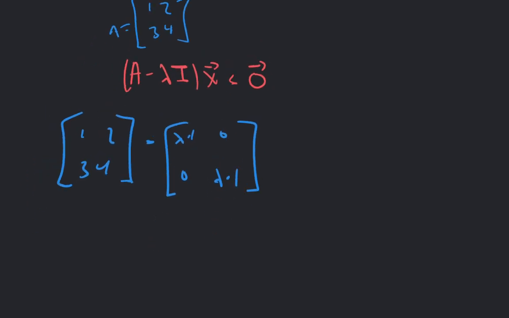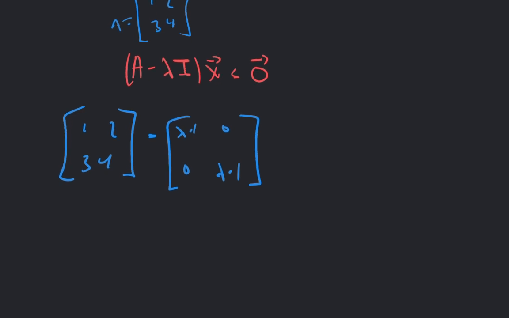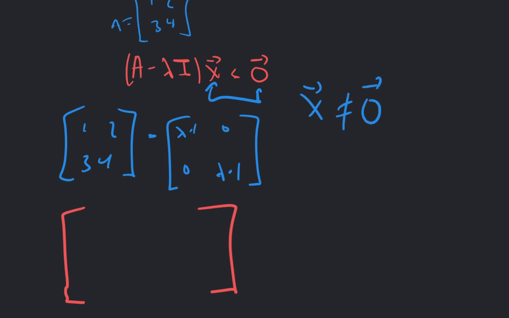So we can combine the two matrices into one, and also keep in mind that we want non-trivial solutions. So we want solutions when the x vector does not equal the 0 vector.